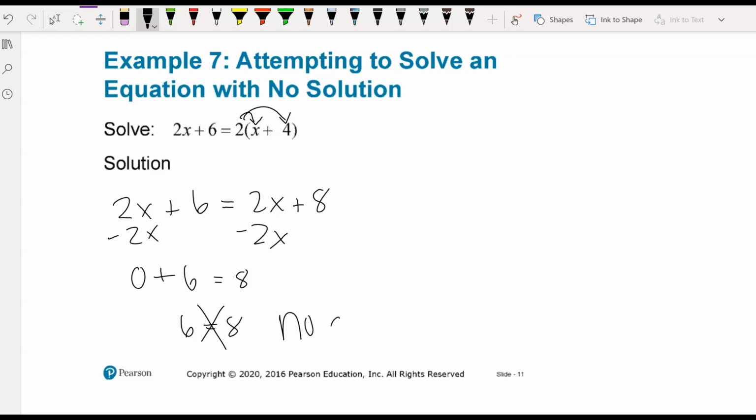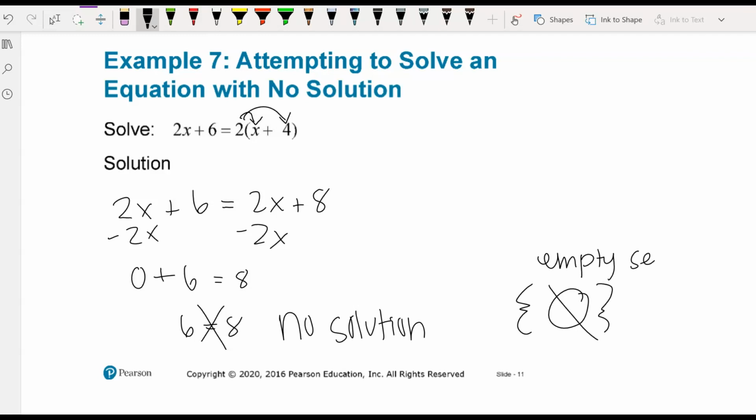So that's your no solution. It has that line with the circle, and I think it has the braces around it, like the empty set. So x such that x is the empty set.